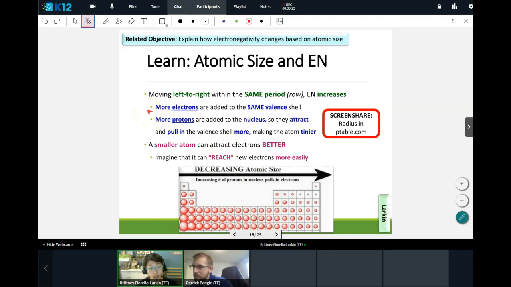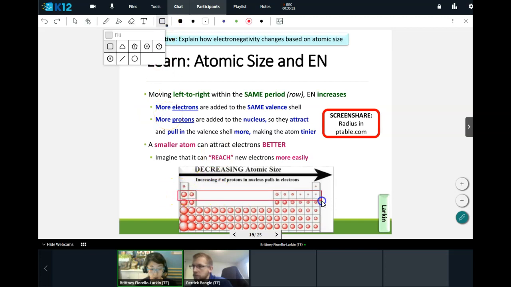Now, we'll talk about why on the next slide too, but the reason why is essentially when you're in the same row, so if you're all in period 2, for example, you all have the same number of shells, right? So you have 2 shells. If you're in period 3, you have 3 shells. Period 4, you have 4 shells. So when you're in the same period, you have the same shells. Essentially, you look very similar to the other elements in the same row.